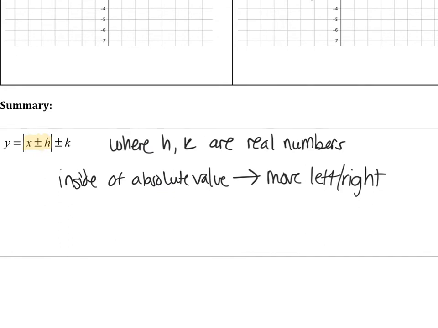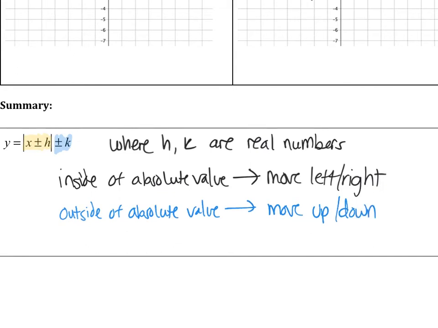Whatever is on the outside of the absolute value tells you to move up or down, depending on the sign.